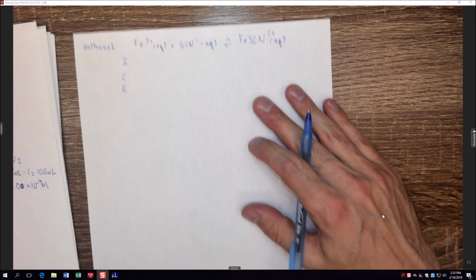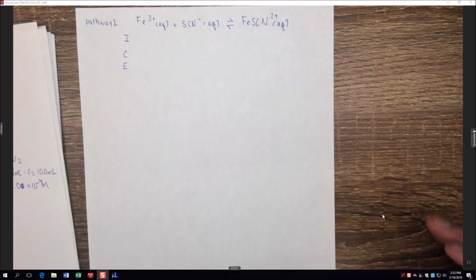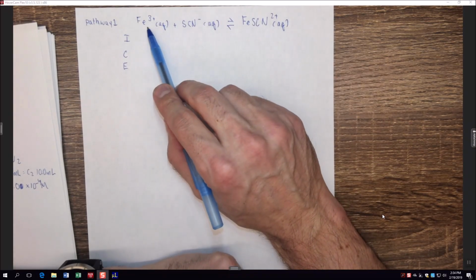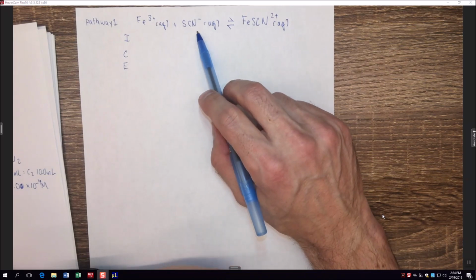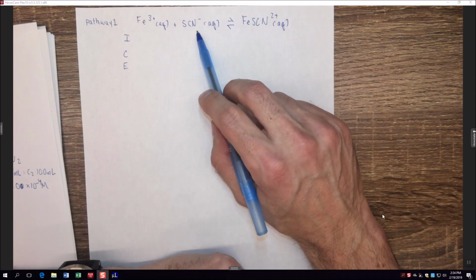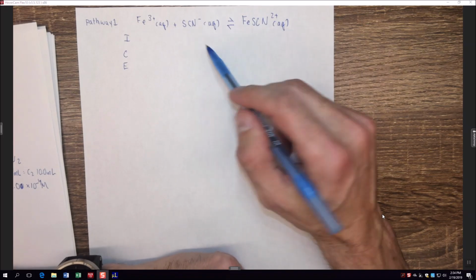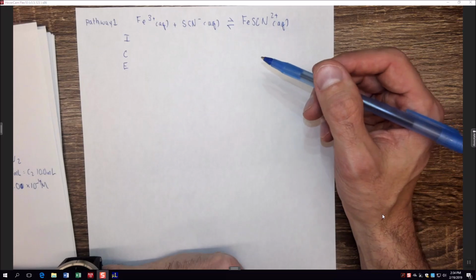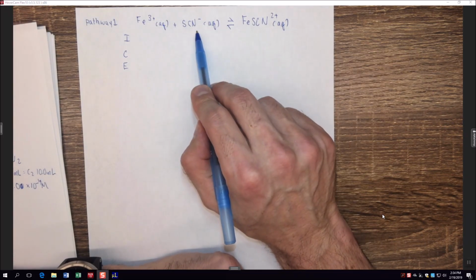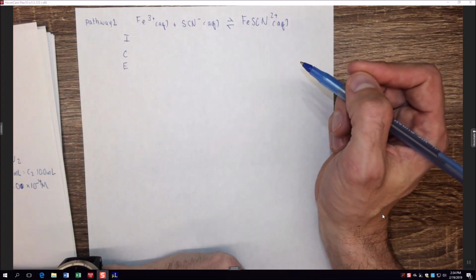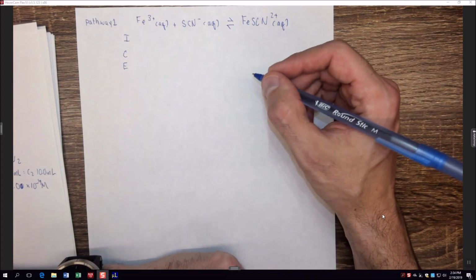So I'm going to get rid of this for a minute so I have a little more space. So the initial concentration of Fe3+ and SCN- can be determined by using the volumes and the concentration on the bottle. And I'm going to do this for the first sample, which involved using 5 milliliters of the iron solution, 1 milliliter of the thiocyanate solution, and 4 milliliters of water for a total volume of 10 milliliters.